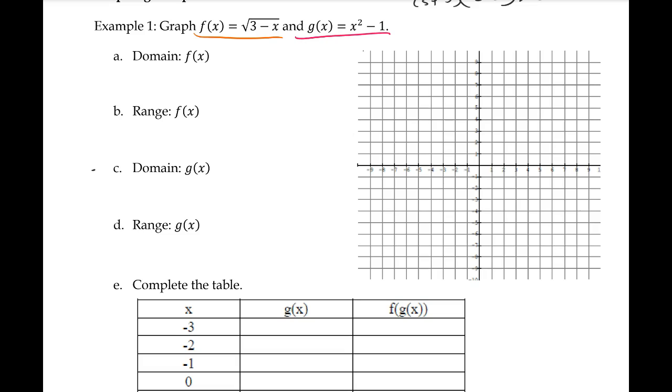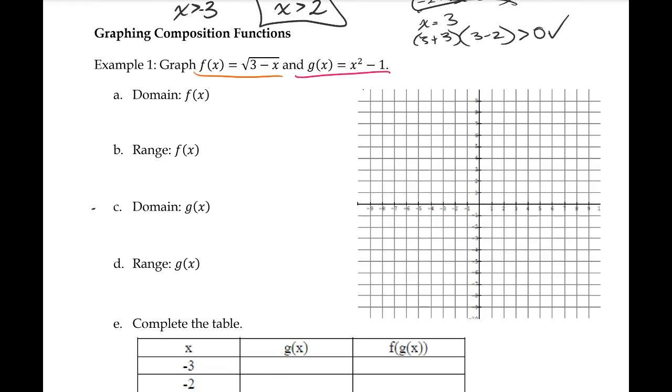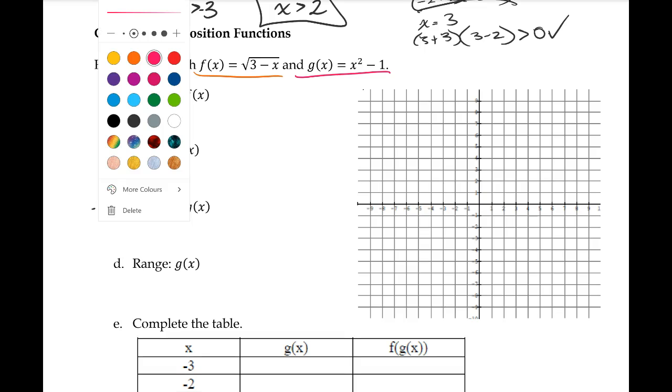Okay, so f, if I wanted to rewrite this in terms of helping me with transformations, sorry, I'll go back into orange.